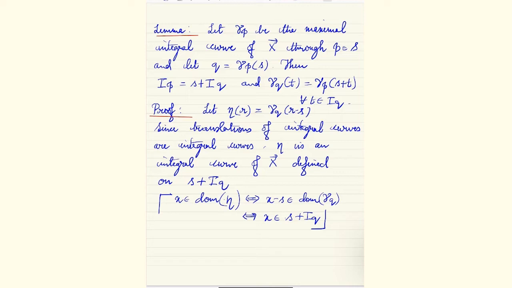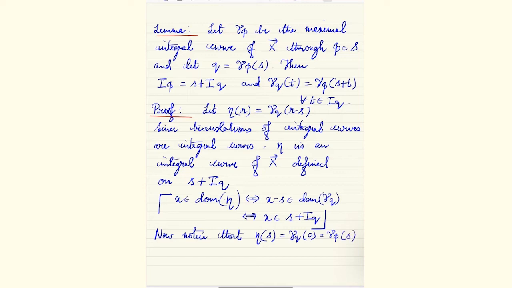Now notice that eta of S is gamma Q of 0, but gamma Q of 0 is Q, right?